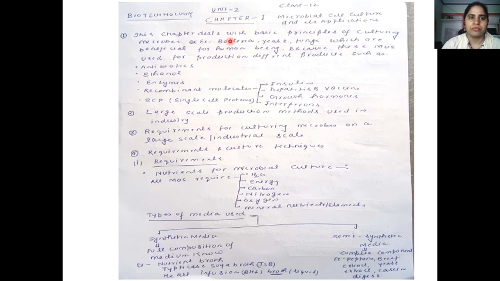In this chapter we are dealing with the basic principles of culturing microbes, for example bacteria, yeast and fungi. These microbes are used for the production of different beneficial products used by human beings, such as antibiotics, ethanol, enzymes, recombinant molecules and single cell proteins.